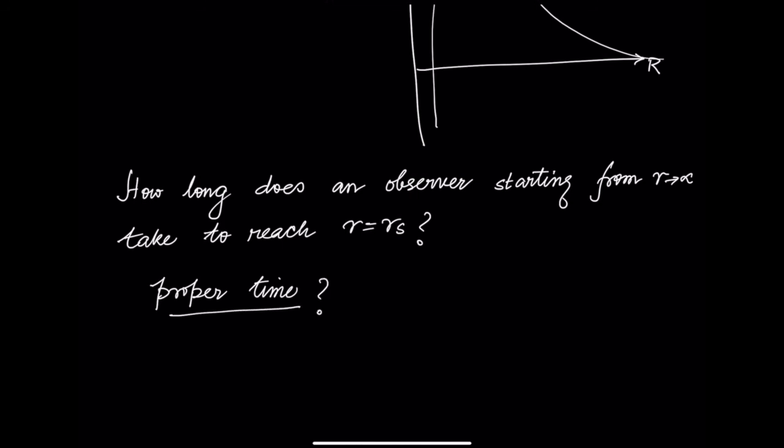How will I know that? Well, the way I know is that I know the equation (dr/dτ)² = E² − c²/2 (1 − rs/r).